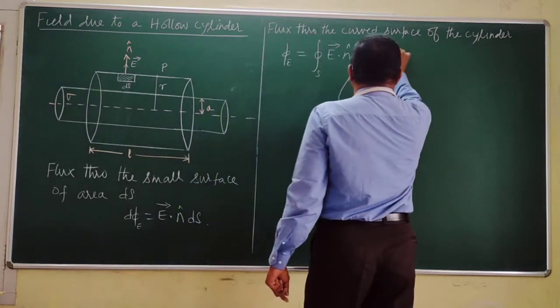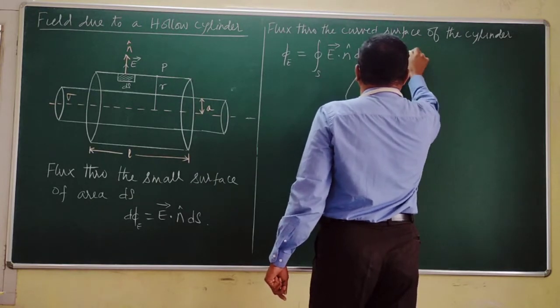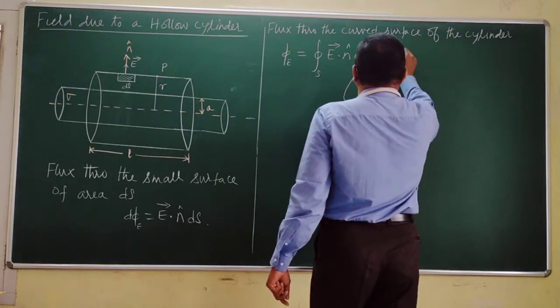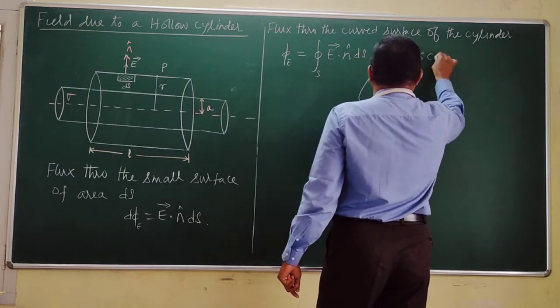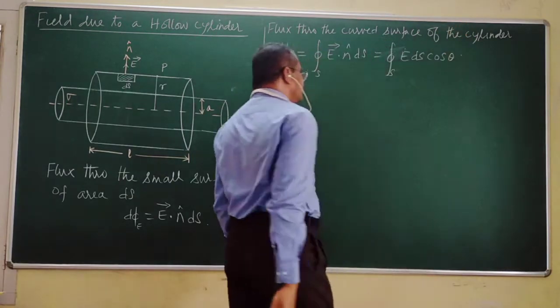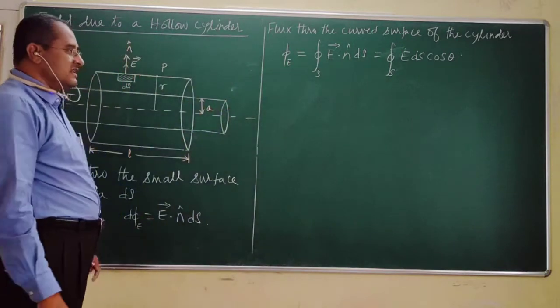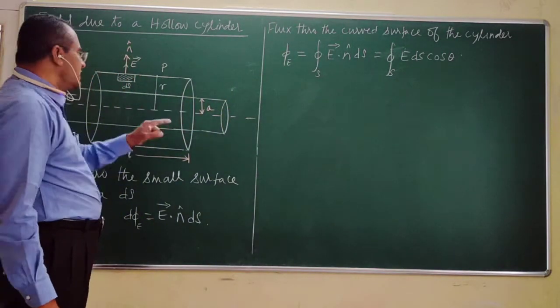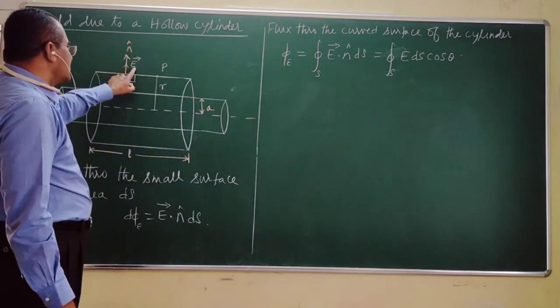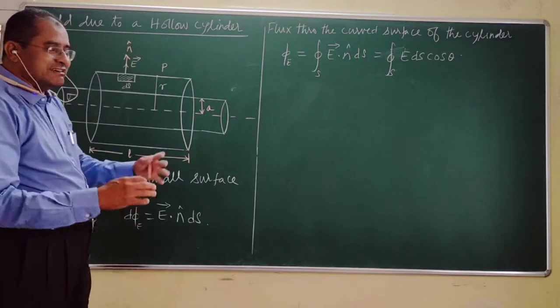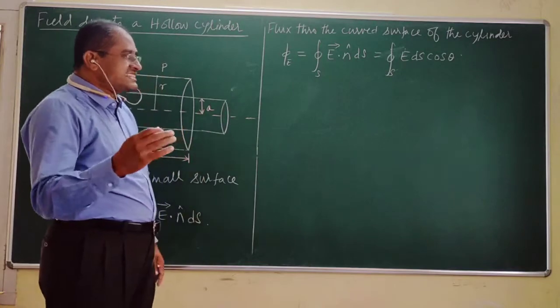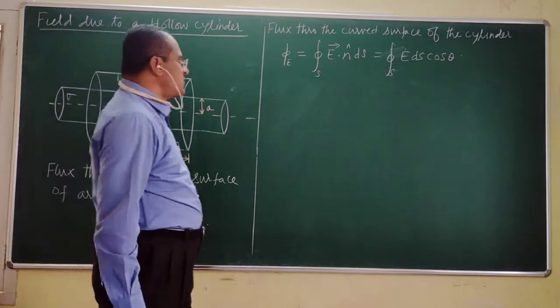This will give me integral over the surface E ds cos theta. Theta is the angle subtended between electric field and the unit vector. Both are in the same direction, parallel to each other. Theta is 0, cos 0 is 1.